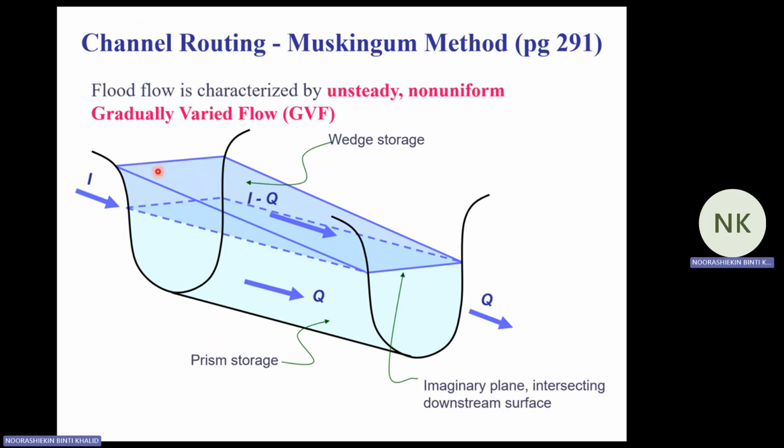The shape from upstream to downstream is interpreted as a wedge, so that is why you get wedge storage. Flood flow is characterized by unsteady, non-uniform, gradually varied flow, so we assume that the flow is unsteady when a flood happens. The bottom part is a prism shape, so we call it prism storage.